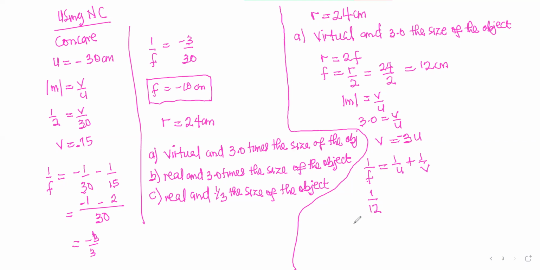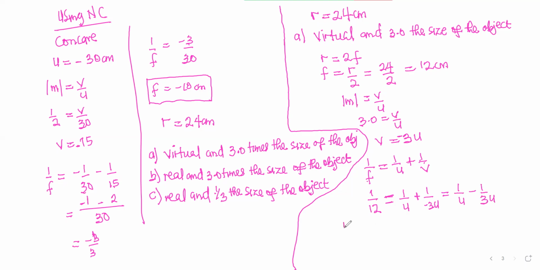A concave mirror has a real principal focus, so F is positive. So we have 1 over U minus 1 over 3U. Ideally, it's plus 1 over V, but this is minus 3U.